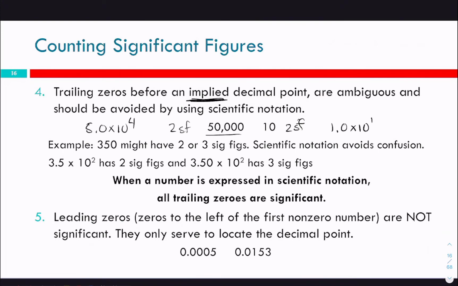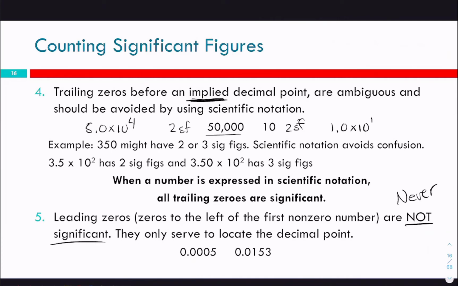Okay, moving on though. So when a number is expressed in scientific notation, all trailing zeros are significant, and that's because we're always going to have a written decimal point. So that's why I usually don't include Rule 4 or really Rule 5. Leading zeros are not significant, and this could even say never.